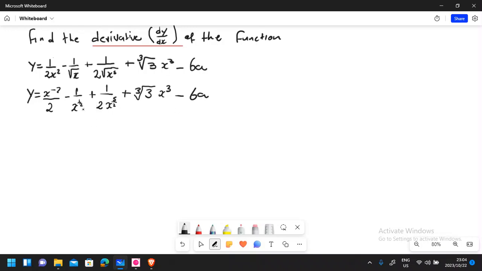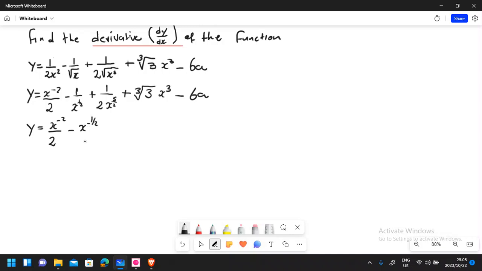Now we need to take this x to the power of half from the denominator to the numerator, and also we need to take this x to the power of 5 over 2 to the numerator. So again, do not differentiate until all the terms have x on the numerator. Alright, so the first term we already did, so we just rewrite it. And the second term, we have to take this x to the power of half to the numerator, so it's going to be minus 1 over 2.